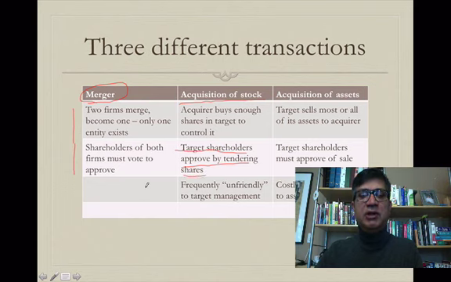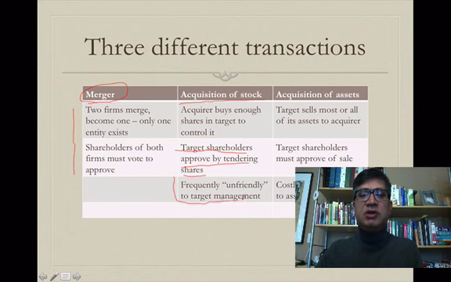So, for example, if the price that's offered by the acquirer to the target's shareholders is too low, then target shareholders may disapprove of the merger by not selling their shares, by not tendering their shares. If, on the other hand, the price is attractive, target shareholders may approve the merger by tendering their shares.